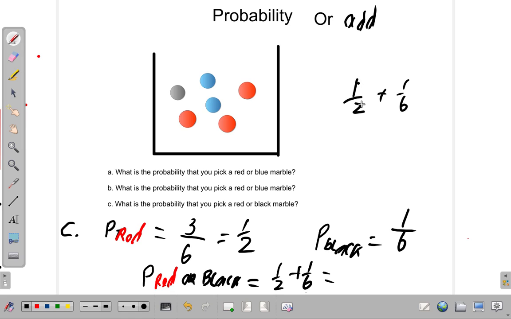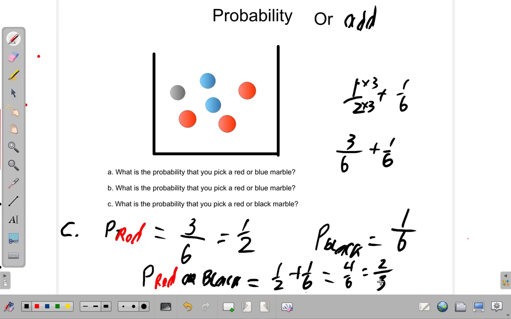Let's multiply this 2 by 3 and this 1 by 3. 3 up top over 2 3s 6 down the bottom plus 1/6. 3/6 plus 1/6 gives you 4/6. But you can cancel down, 2 4s 2, 2 6s 3. So it is 2/3.